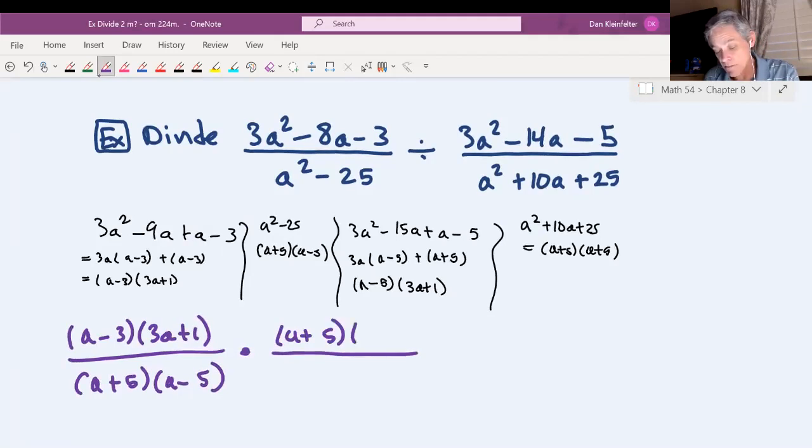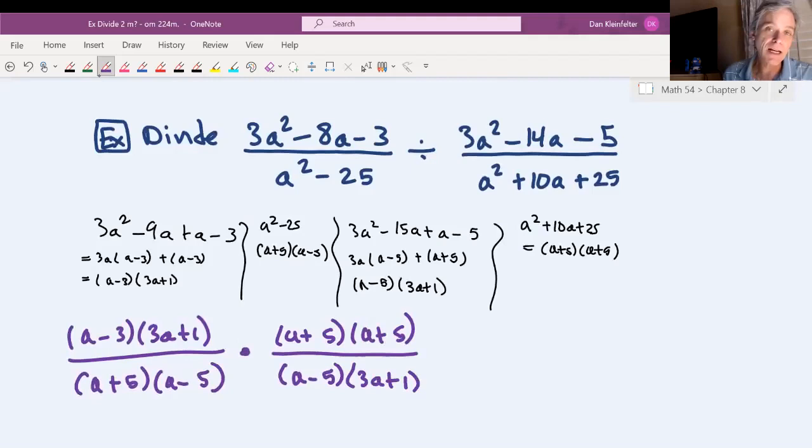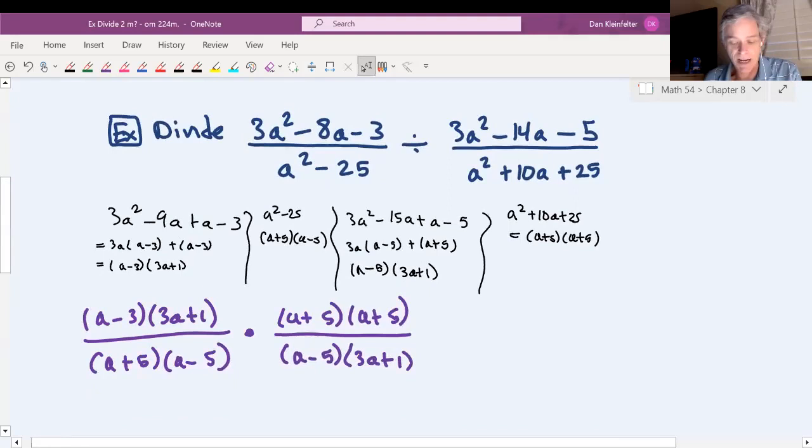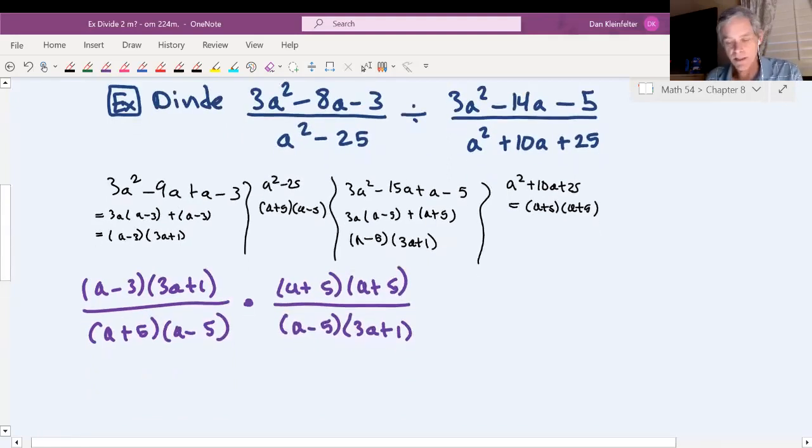Because we're making a reciprocal at this point. And then the a minus 5, 3a plus 1 will end up on the bottom. So in the process of recopying it with the reciprocal, I formed the reciprocal at the same time as the factoring. So that saves us just a little bit of time.